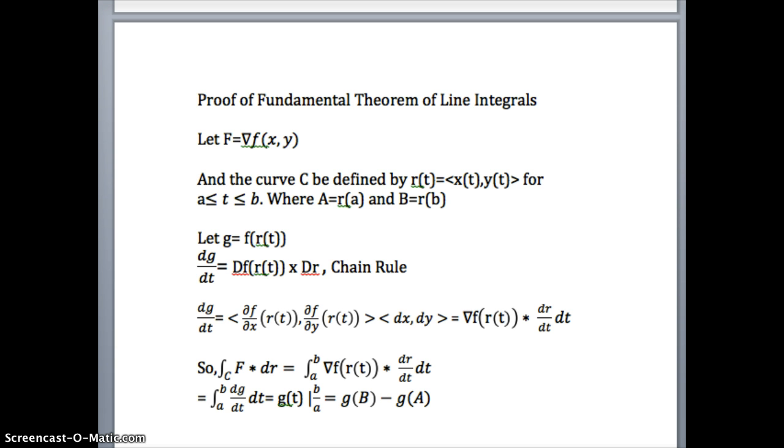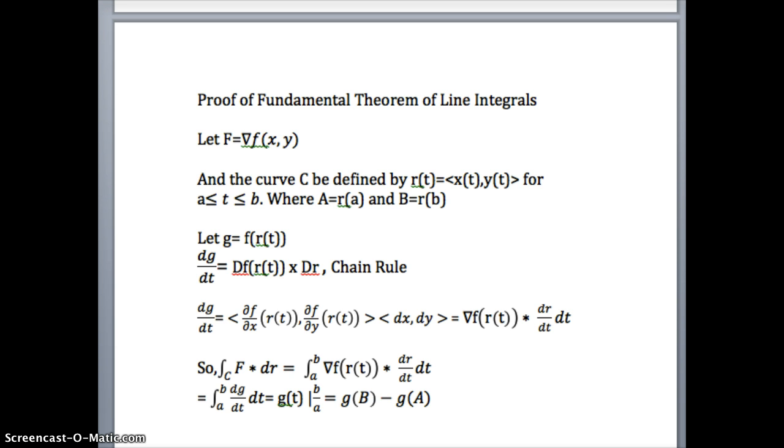This is just because of the chain rule, which is something that we learned early on in calculus. So we have two vectors here. The first vector has the derivative of f of r of t with respect to x as the first component, and the second component being the derivative of f of r of t with respect to y. And as our second vector, we have dx as the first component and dy as the second component.